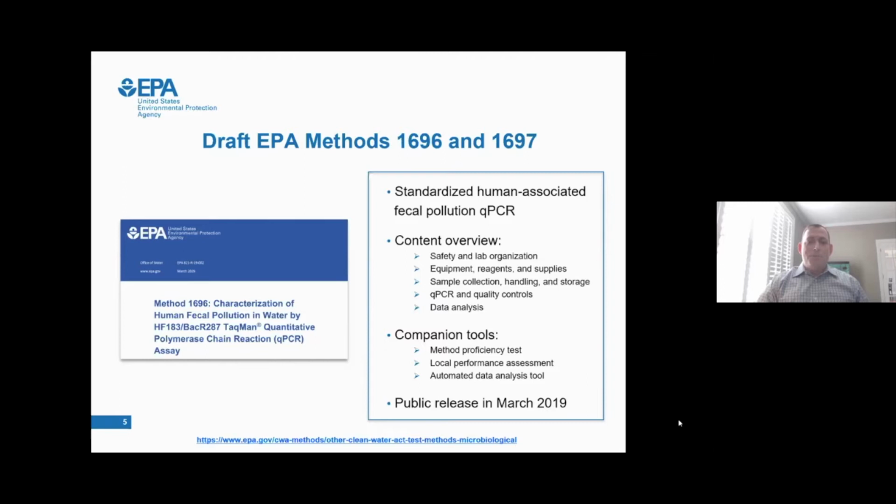These protocols are comprehensive, including information ranging from how to set up your labs, safety for handling all the reagents, detailed lists of all the equipment, reagents, and supplies that are needed, step-by-step instructions on how to collect samples, handle the samples, perform the qPCR testing. And in addition, there is extensive information on data analysis and data acceptance controls and how to do these calculations.